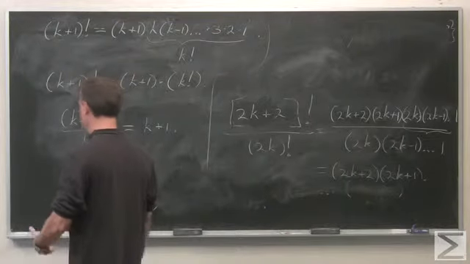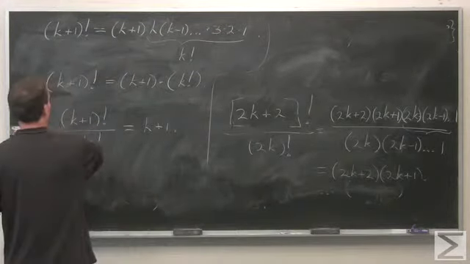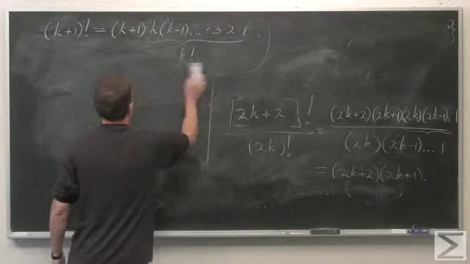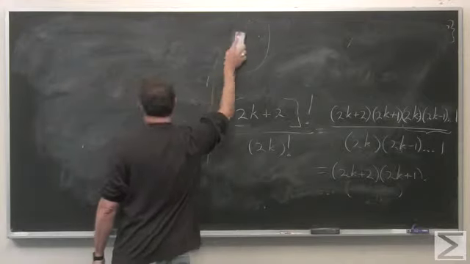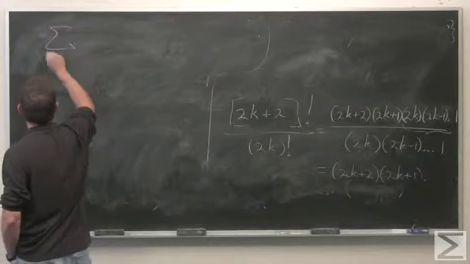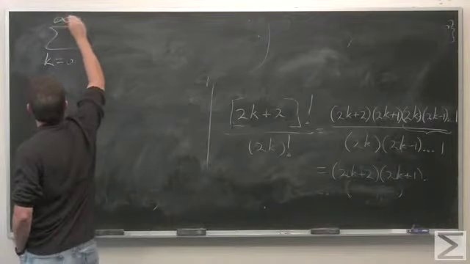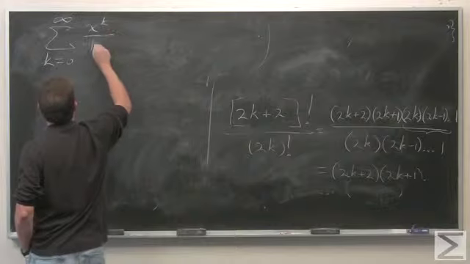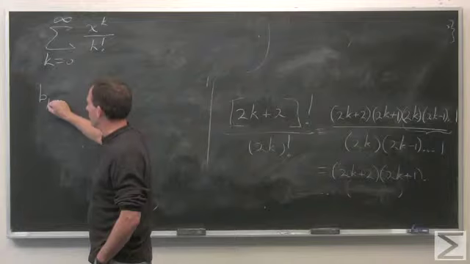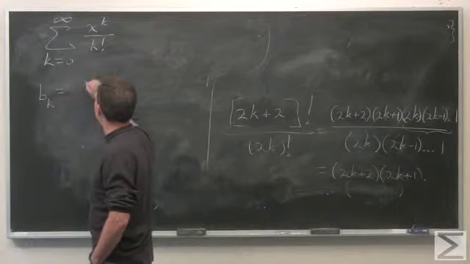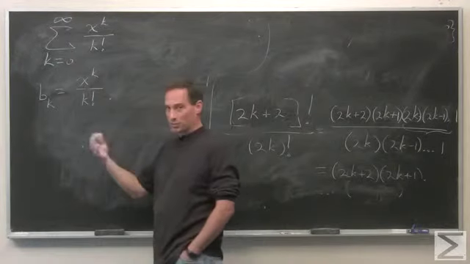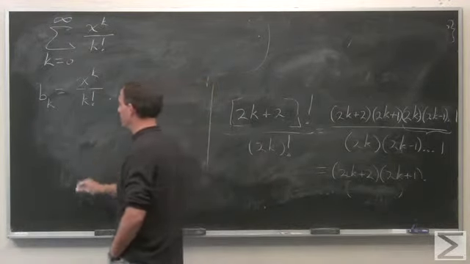Okay, so we want to see now how the ratio test applies to figuring out where power series converge, so where they define functions, the points in the domain of the power series functions. So you have x to the k over k factorial. The term we're looking at, b_k, is x to the k over k factorial, the thing that plays the role of b_k in my statement of the ratio test.